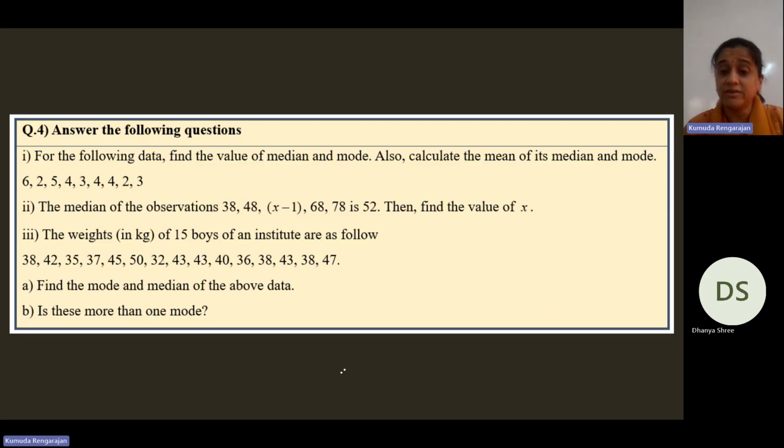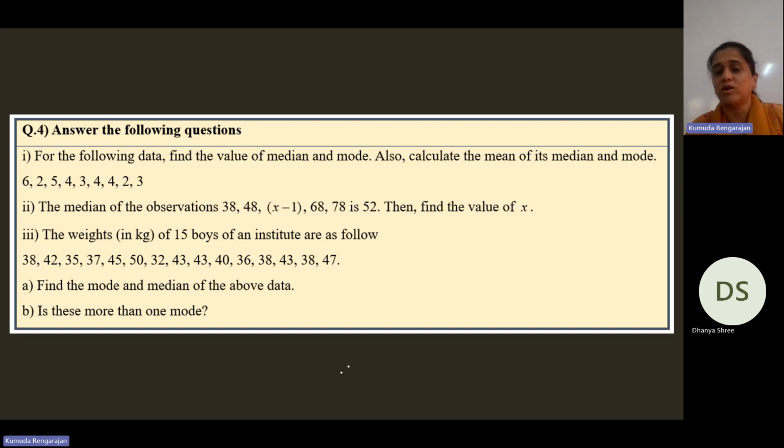Also calculate the mean of its median and mode. Don't find the mean of the data; find the mean of its median and mode. You're not asked to find the mean of the given observations. You have to find the mean of the median and mode. Of its median and mode, what does the word "its" refer to here?